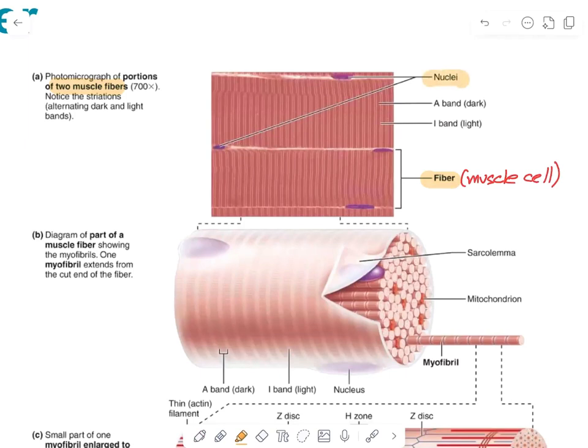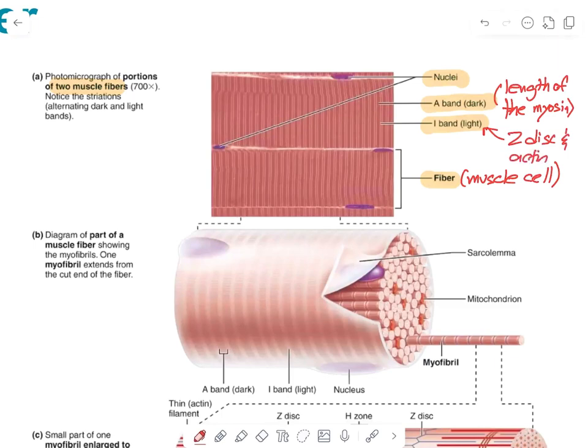The bands that you see under a microscope are a dark band and a light band. The dark band would be the length of the myosin, and the I band would be the Z disc and actin.